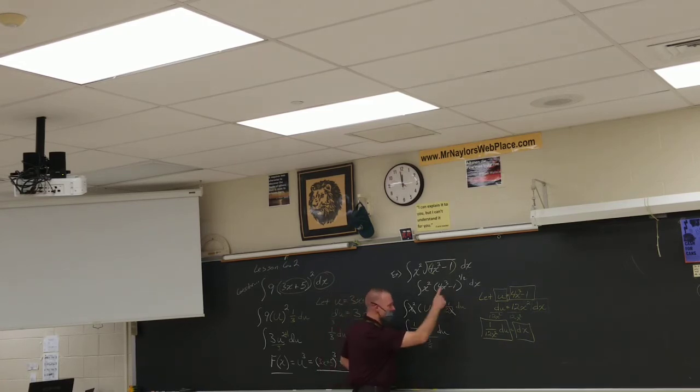You do all this stuff over here. I know it looks crazy, but then you never actually change to the antiderivative. So add to the exponent, divide by the exponent. Do a good job with exponents.